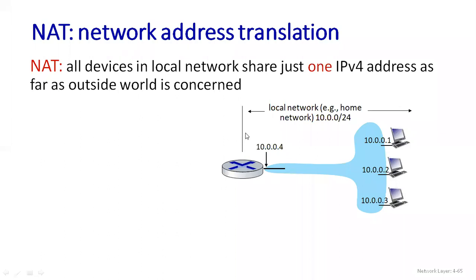Suppose all these things are connected in your home network. Just imagine that wherever you are now, you have a home network. You have taken a connection, suppose Airtel or anything, and that network will have a router, and with the router you can connect your laptop, desktop, mobile phone, smart TV, or a tablet.